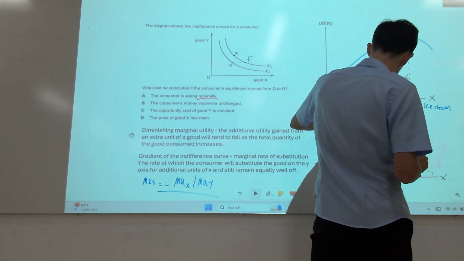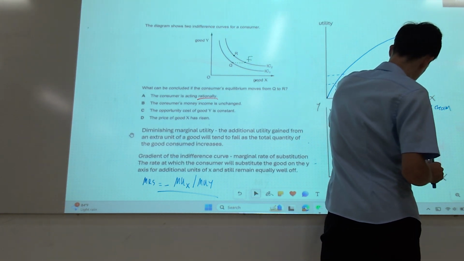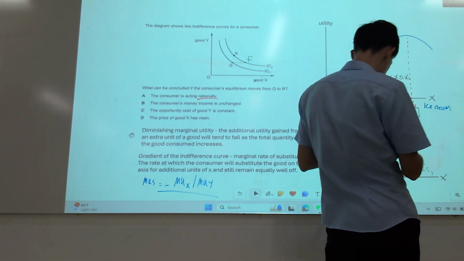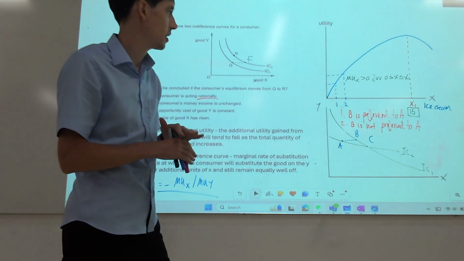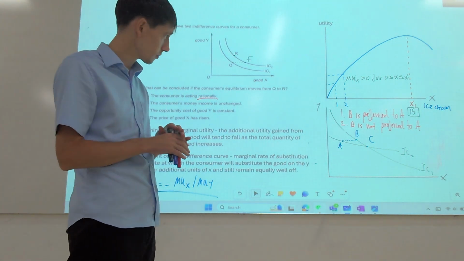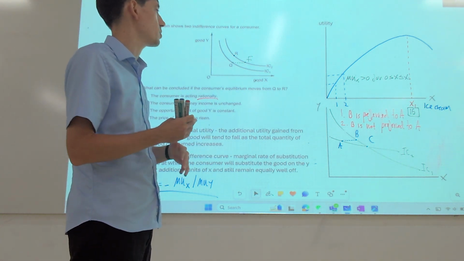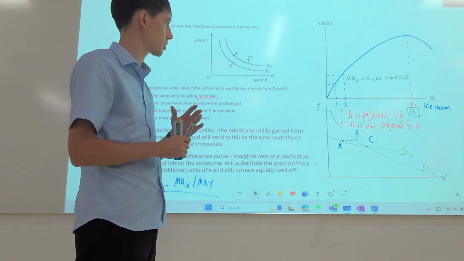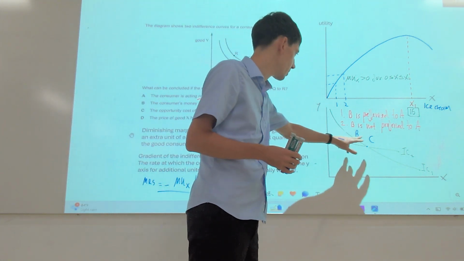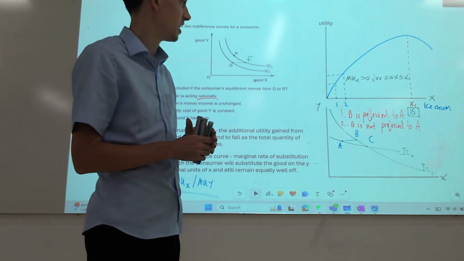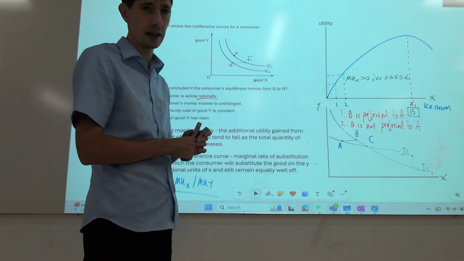So if the two indifference curves cross, we can say that B is preferred to A and B is not preferred to A. But that's very clearly a contradiction. If you make an assumption and that assumption leads to a contradiction, then you must reject the assumption. So it cannot be the case that the indifference curves cross. It doesn't fit with what we think about preferences. So indifference curves cannot intersect.